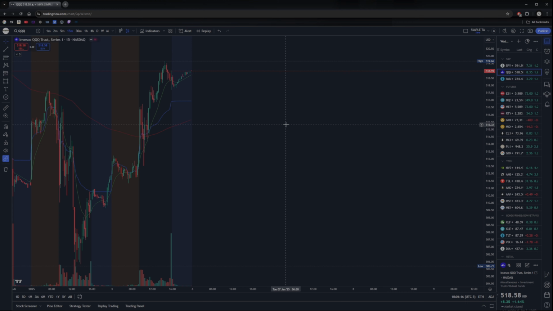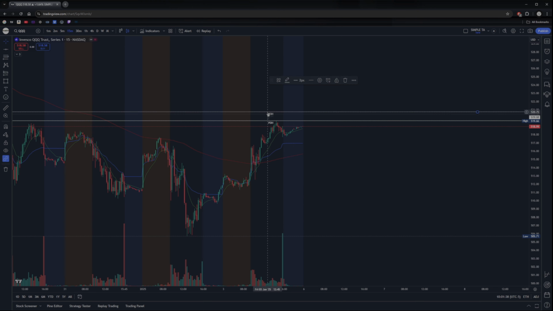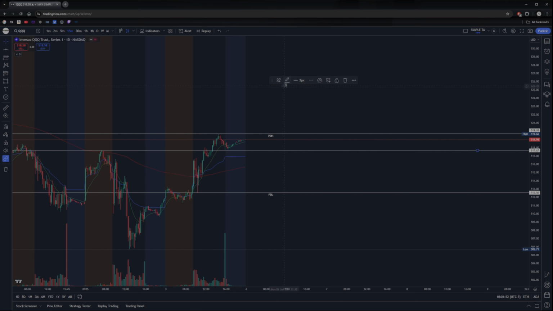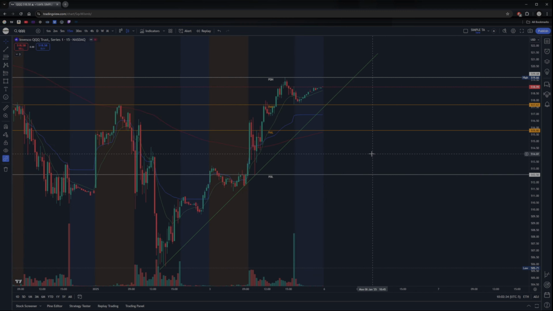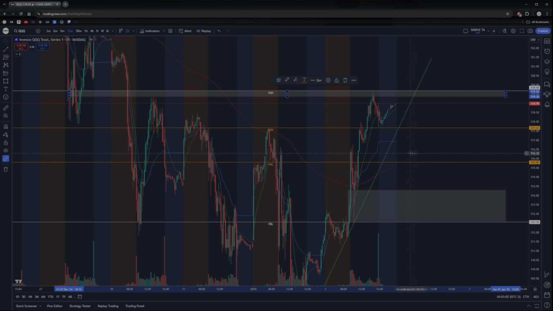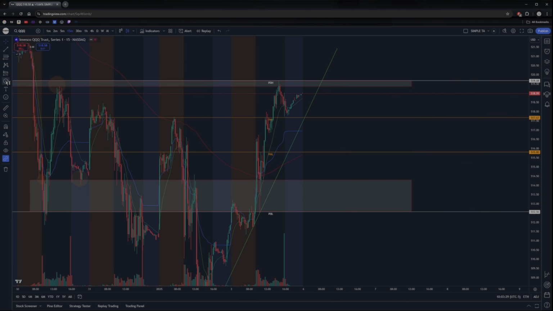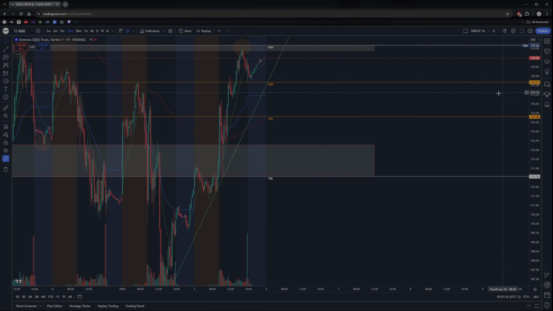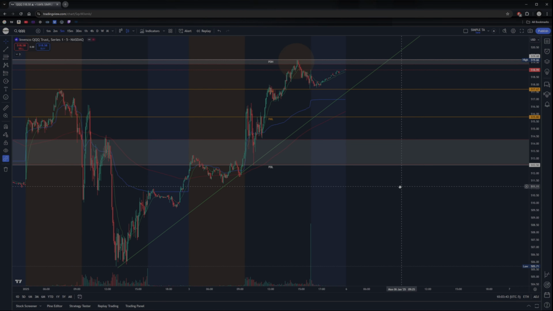I'm going to go ahead and plot QQQ. I'm going to go ahead and speed this up. Here I'm drawing the yellow circles for indications on the chart that have significance and how it reflects from the support and resistance levels.